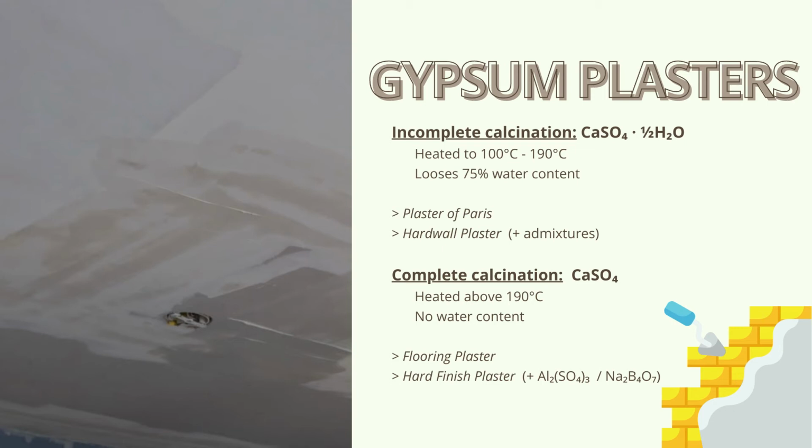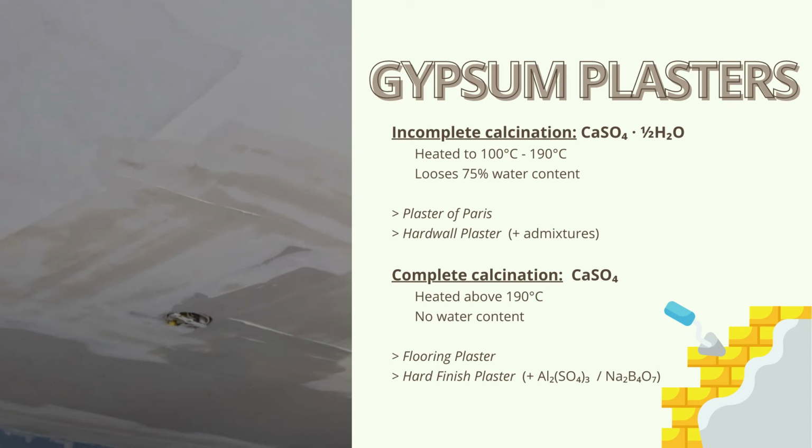When plaster of Paris is mixed with admixtures such as glue and sand, hardwall plaster is produced. This is often used as an undercoat plaster for masonry surfaces. On the other hand, complete dehydration involves a high burning process at temperatures above 190 degrees Celsius called complete calcination.